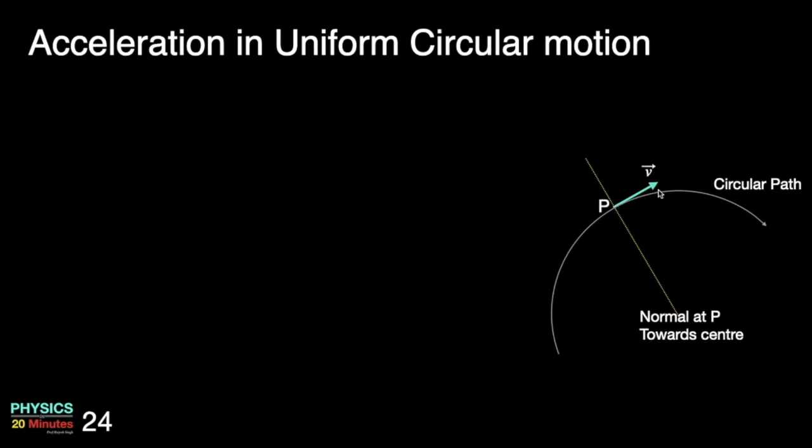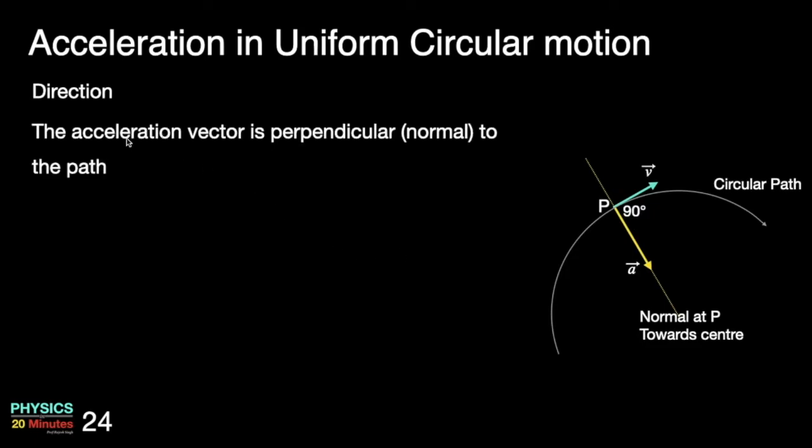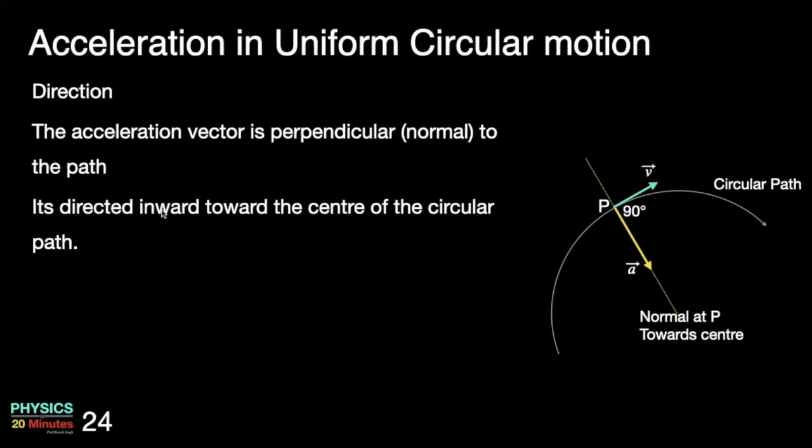If the speed is constant, then the acceleration vector is always perpendicular to the curved path. The angle between a and v is going to be 90 degrees. So we can write the direction: the acceleration vector is perpendicular to the path. It is directed inwards towards the center of the circular path.